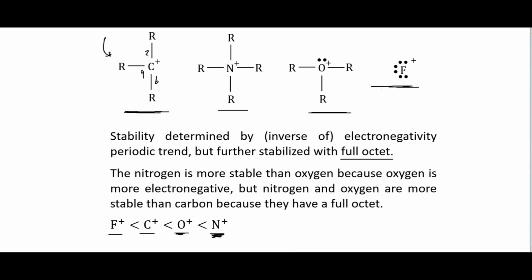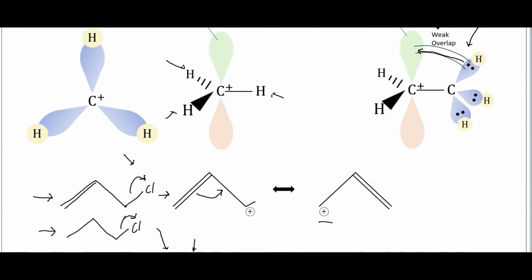Neither does this fluoride ion here, so they don't have that full octet. And the fluoride is extremely electronegative, so that's going to be extremely unstable here. The carbocation being even more unstable than the oxygen or nitrogen because of missing that full octet, than the oxygen being less stable than the nitrogen because of the electronegativity thing.